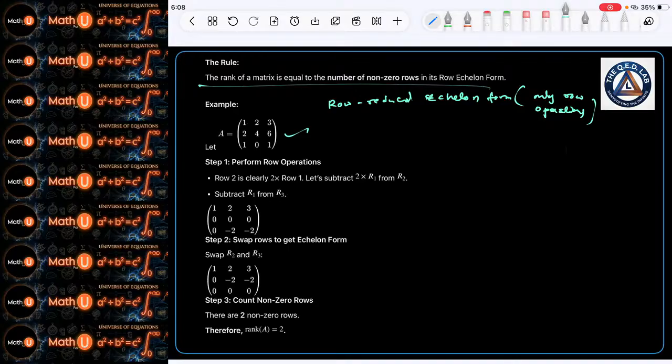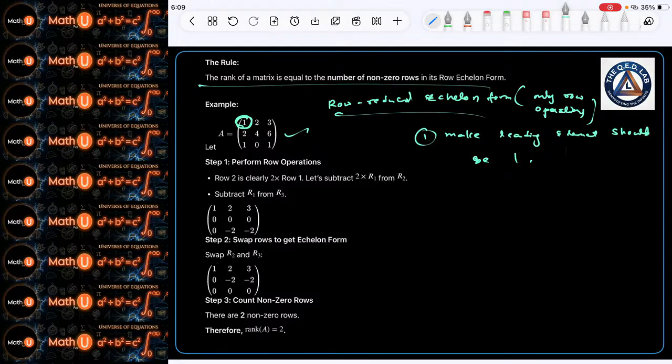See how to apply row reduced echelon form. You should remember this rule always: the leading element should always be 1. The first step is to make the leading element 1. It is already 1, no problem. Otherwise, make the leading element 1.